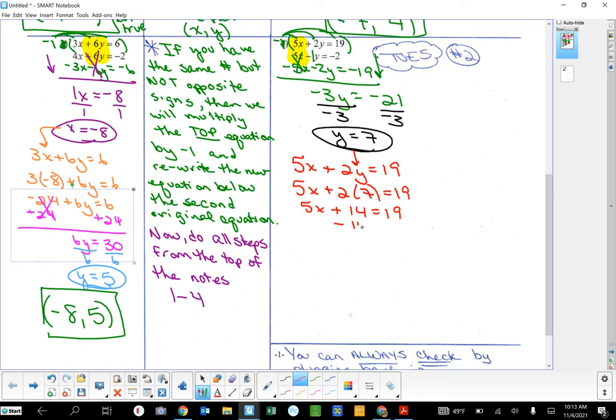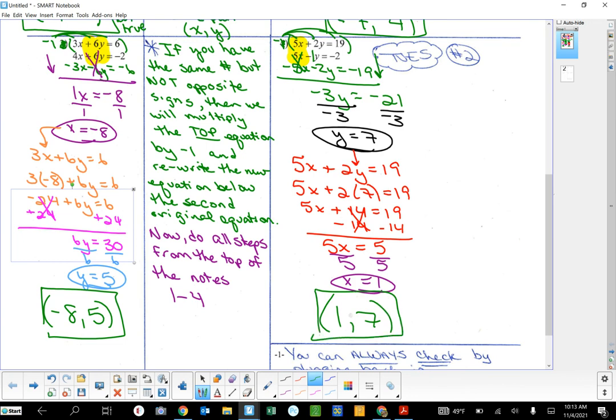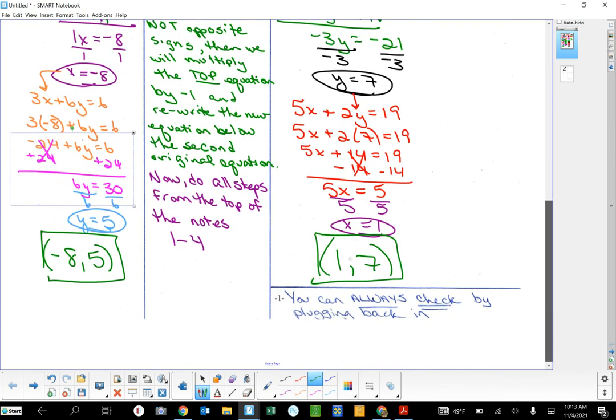I'm going to subtract off 14, and divide by 5. And x equals 1. And again, my ordered pair here is 1, 7. Okay? And then just that note at the bottom, remember you can always check by plugging your answers back in and making sure that they work.